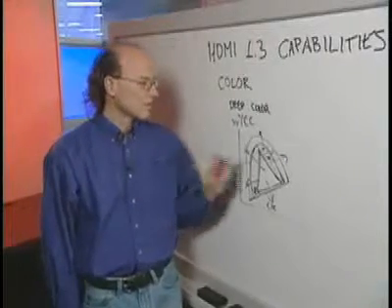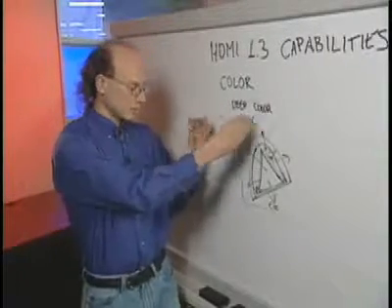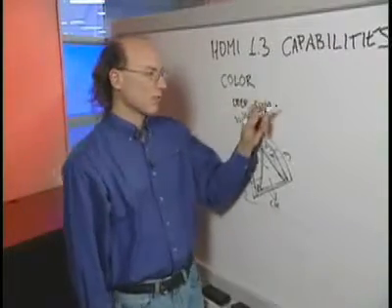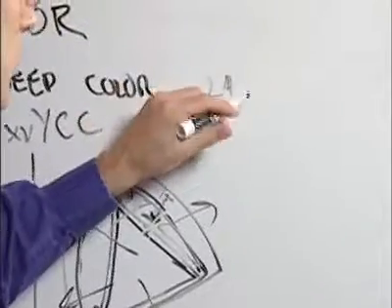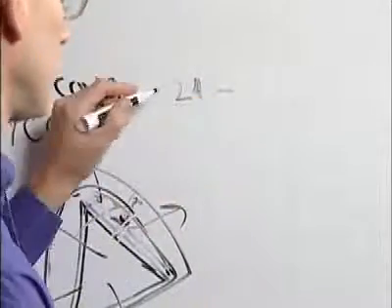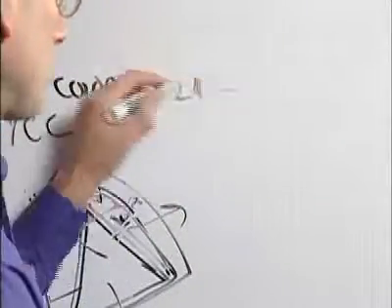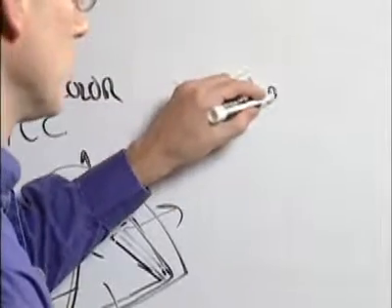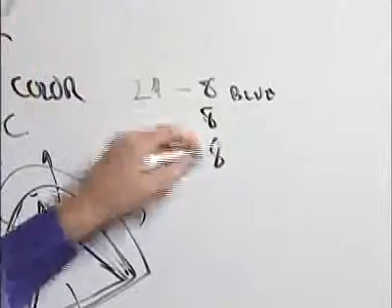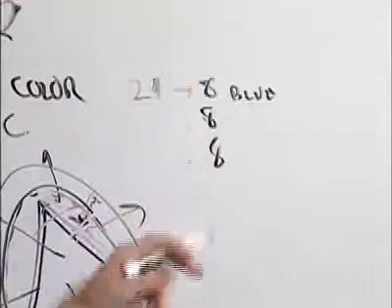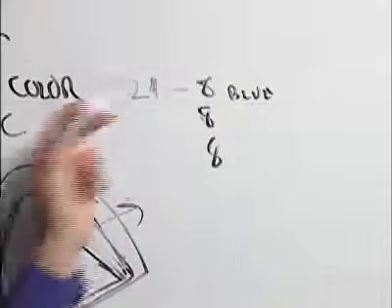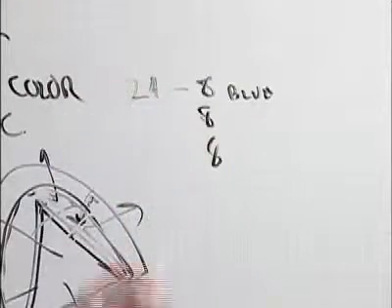In addition to the enhanced colorimetry, the xvYCC, we've added the more bits per pixel that I talked about before. We used to have 24 bits per pixel, which in a typical mechanism is broken down into 8 bits for blue, 8 bits for red, and 8 bits for green. So each of those 3 components has 8 bits. This 8 bits basically means there's only 256 pure blue colors that can be rendered.